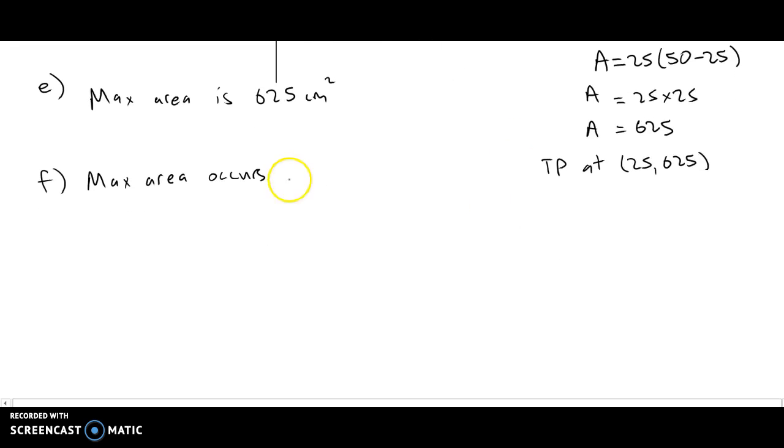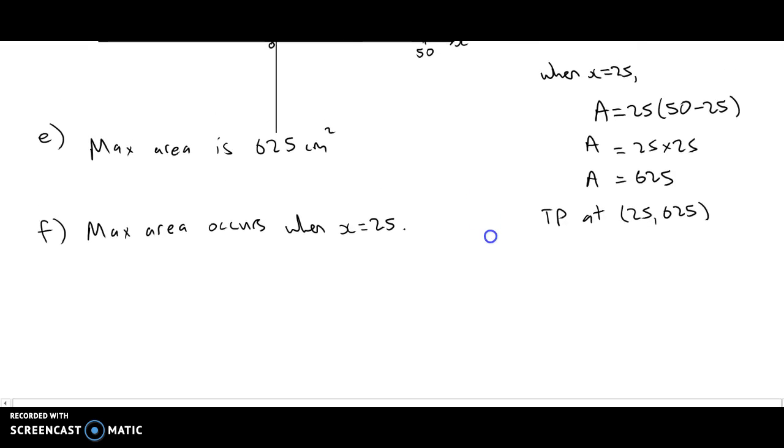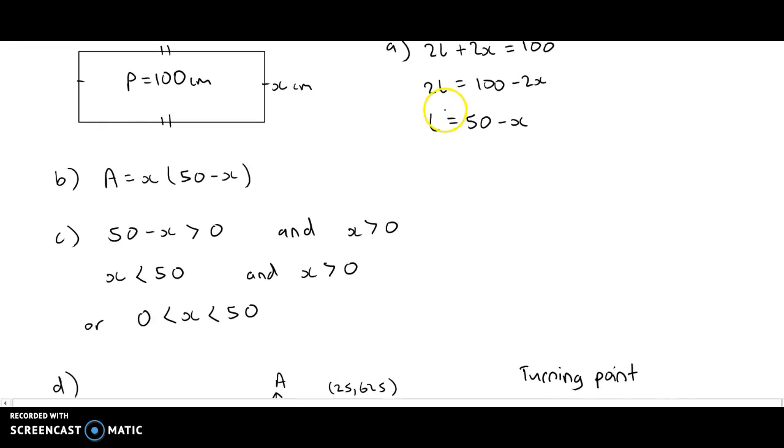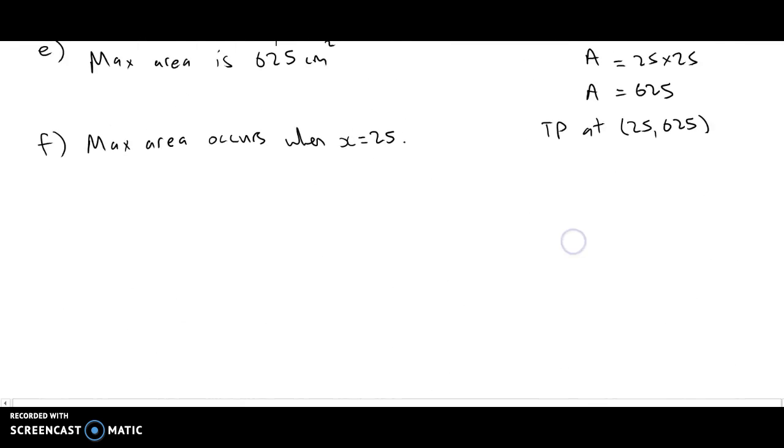So max area occurs when x equals 25. So all we need to do is substitute in x equals 25 into our rule for the length. So length equals 50 minus x. Remember, the question's asking us to find the dimensions of the rectangle to find the maximum area. Our x was the width and our length was equal to 50 minus x.